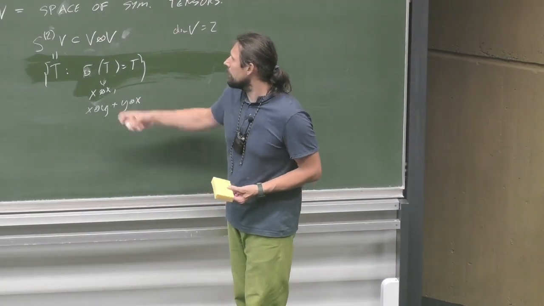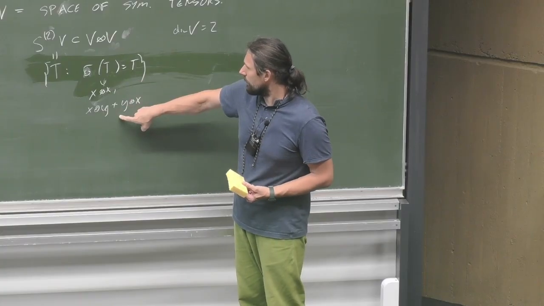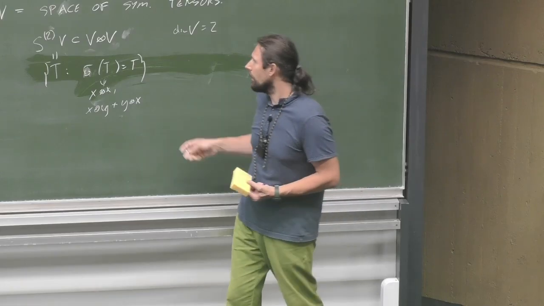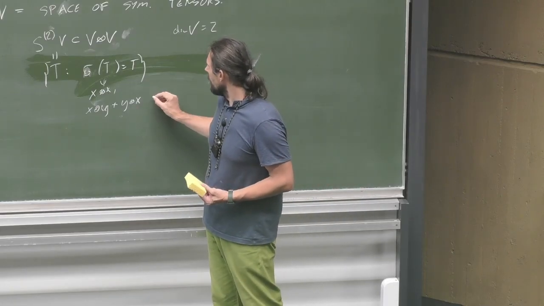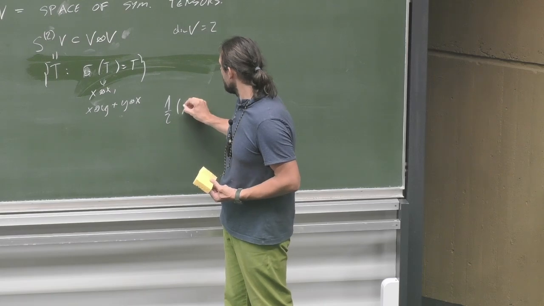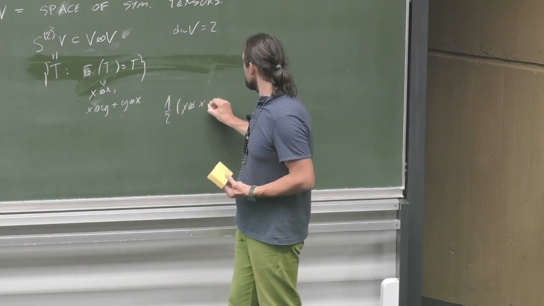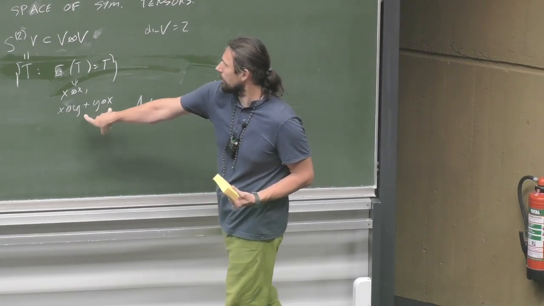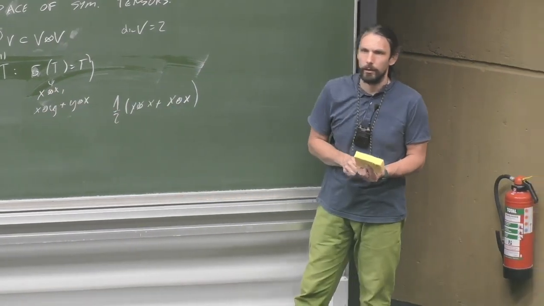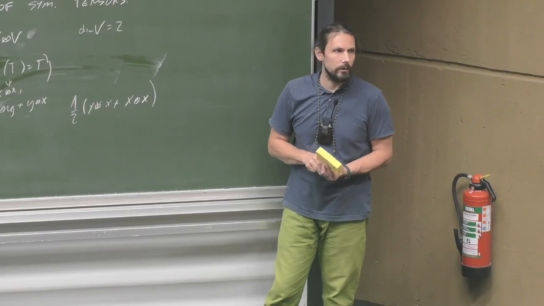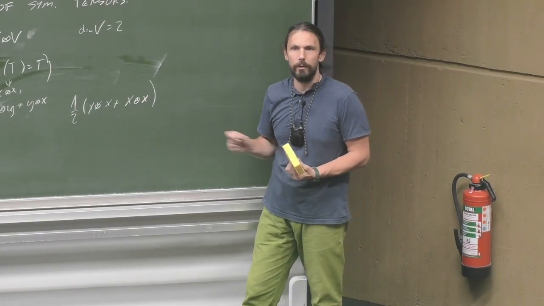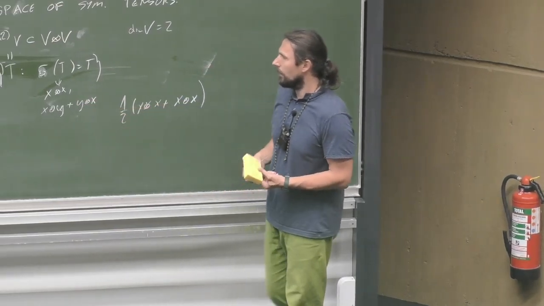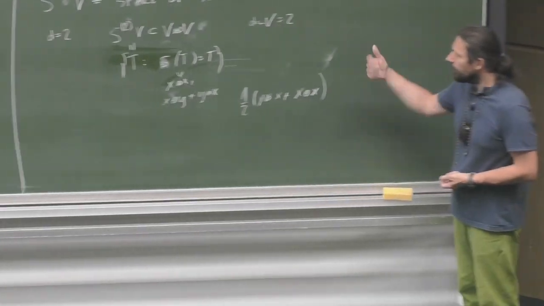And in characteristic 0, we can write this guy in this form, or in fact, in any characteristic different than 2. So if we take half of x times x plus x times x, which is the second one, then we get the first guy here. But in characteristic 2, this doesn't work. And it's in fact the case that we cannot write the first guy in the second form. So we really need two forms.